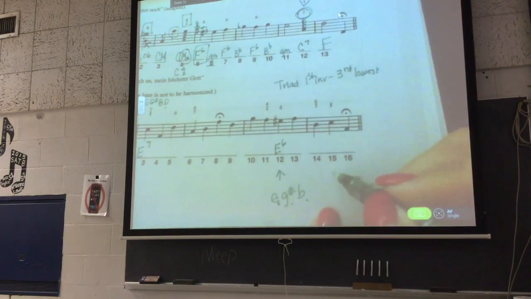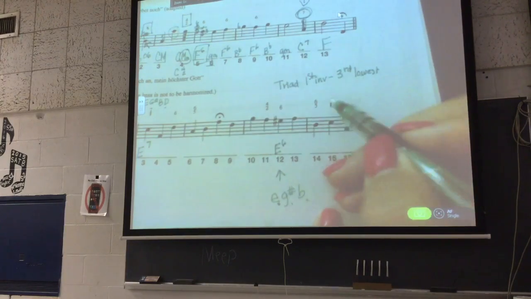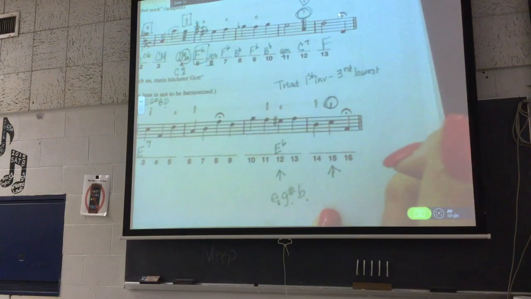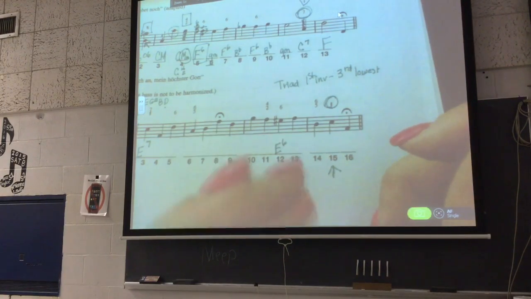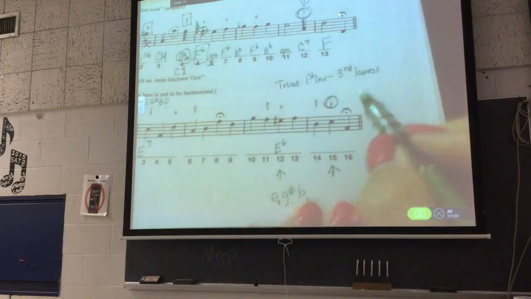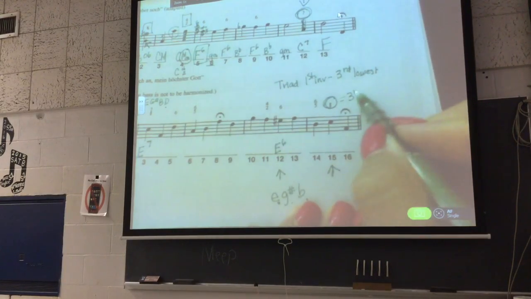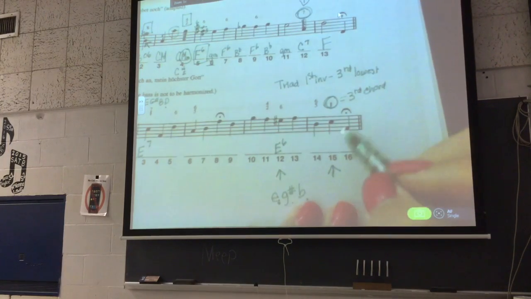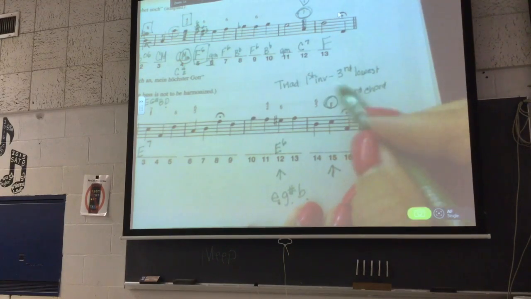Let's look at number 15. This has just a sharp all by itself. So you say to yourself, well, what does that mean? When a sharp or a flat is just by itself, not beside a number, it affects the third of the chord, or the third above the bass note. In this case, we know this chord is going to be in root position because there are no numbers above it.